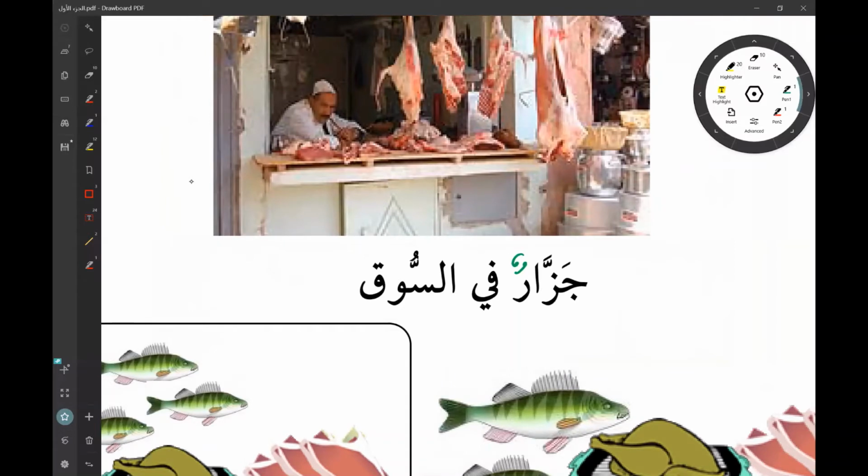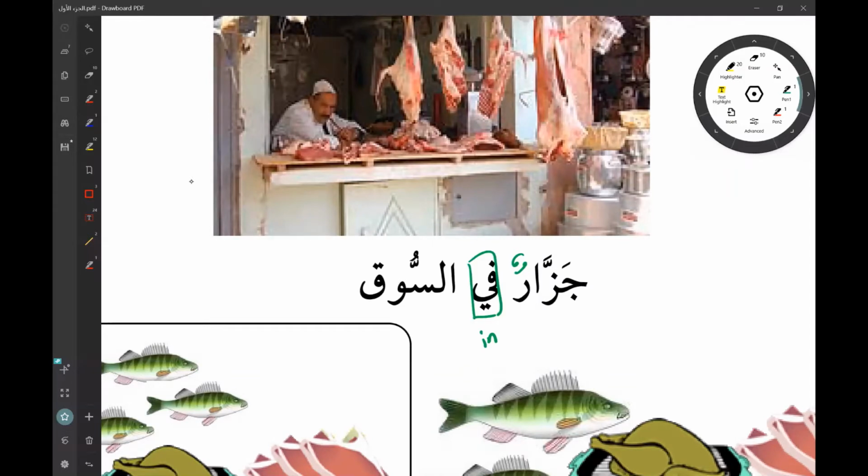Fi. Fi is what? We have another preposition. Remember, last time we had a few of the prepositions. We had ila, which was to, right? We had fauqa, which is like on, above, or over, right? Now we have fi. Fi is in. Okay, fi is another preposition, is in.